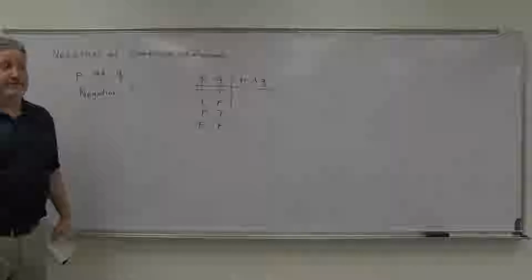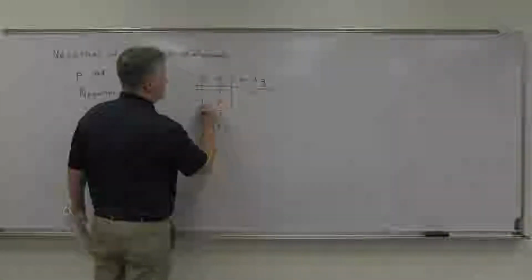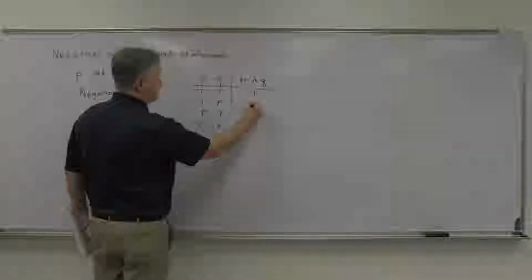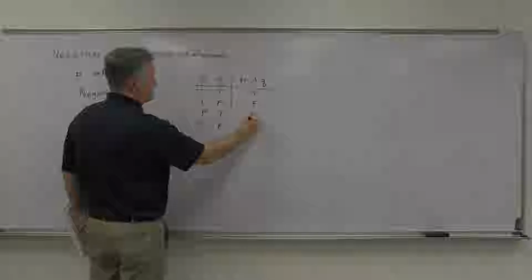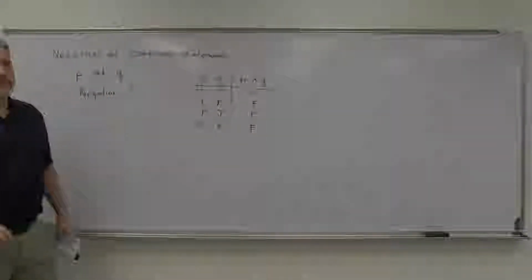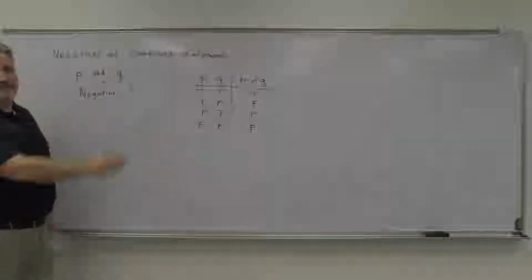They both have to be true for and to be true, right? So true and true here is true, true and false, they both have to be true for and to be true. So that one's false. False and true, so that's false. False and false is false.